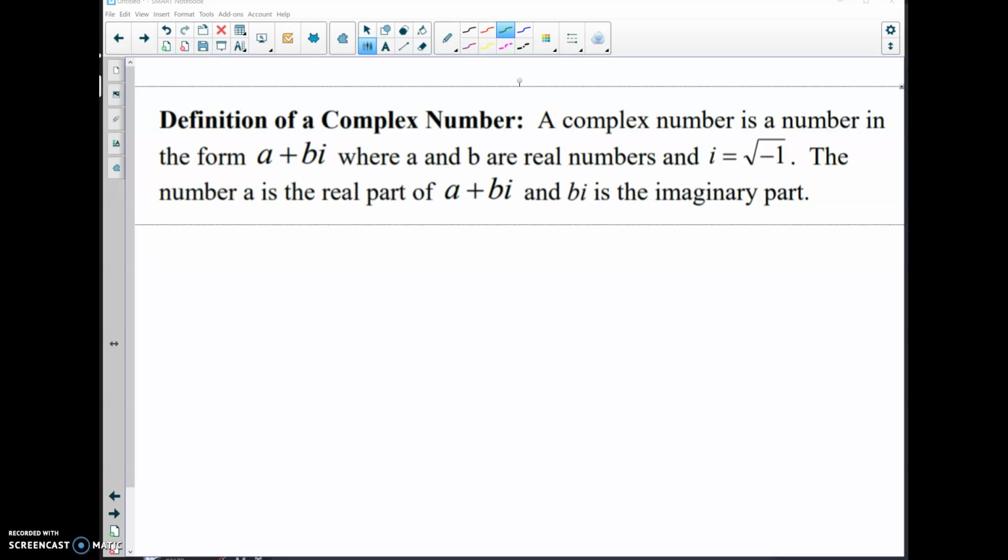Some examples of complex numbers would be 2 plus 5i, 4 minus i. The imaginary part is the piece that has the i. Notice this one is a little weird because we're used to standard form having the variables first and the constants last. For complex numbers, the constants come first and then the variable part comes second.